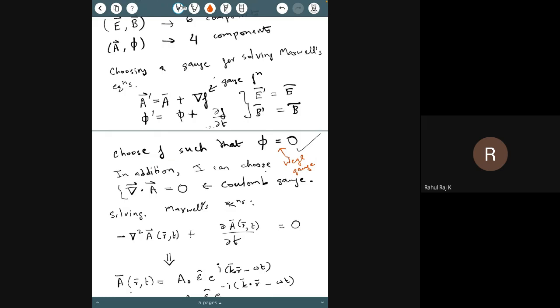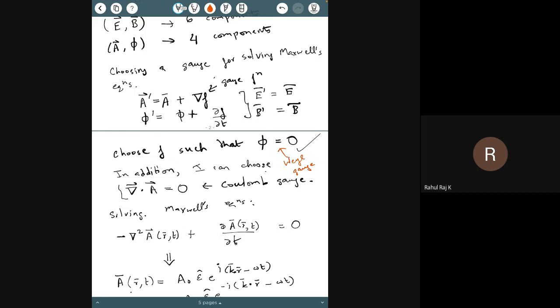This I found out later is called the Weyl gauge, if you want to be accurate. And then we also set the divergence of A to 0, which is called the Coulomb gauge. Now sometimes you will see that these two conditions together are also referred to as Coulomb gauge. So there is some sort of ambiguity in naming, but that doesn't matter as long as you remember what is happening.